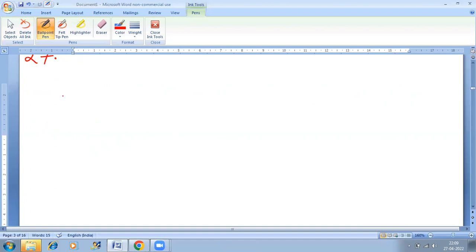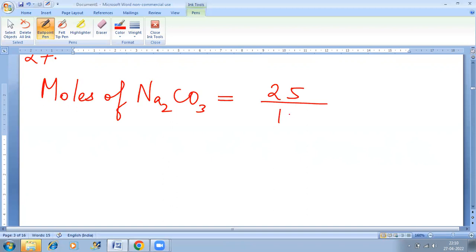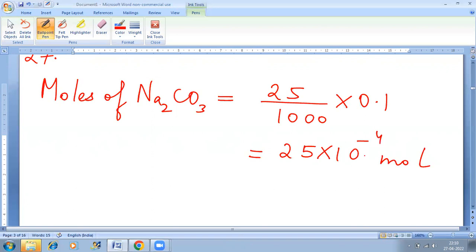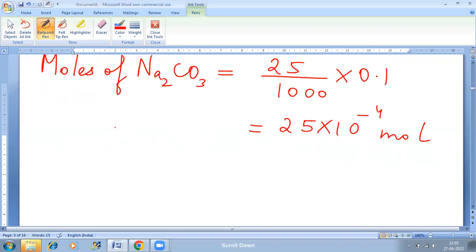When phenolphthalein is used as an indicator, and if only Na2CO3 is present in the sample, then I can say that moles of Na2CO3 should be equal to moles of HCl. Moles of HCl will be how much? 25 upon 1000 into 0.1. Which means the number of moles of Na2CO3 is equal to 25 into 10 raised to minus 4.